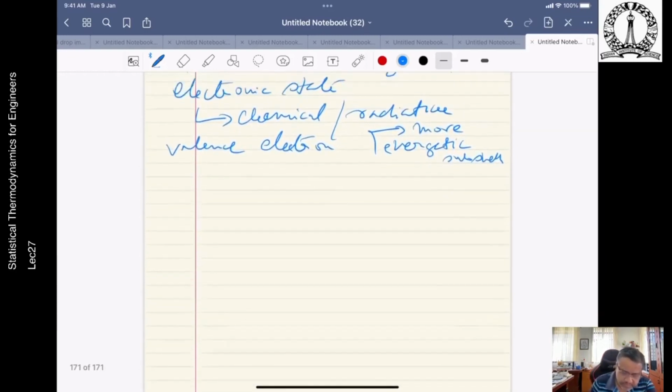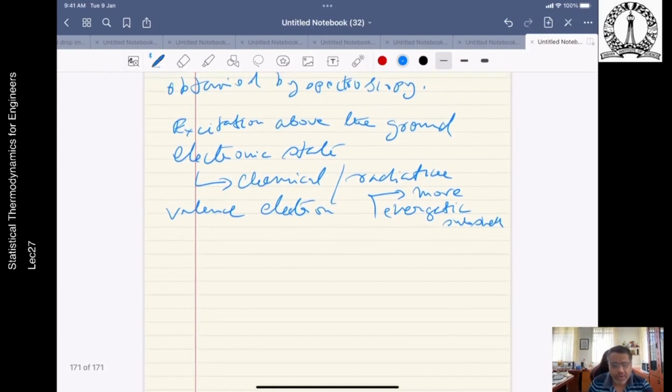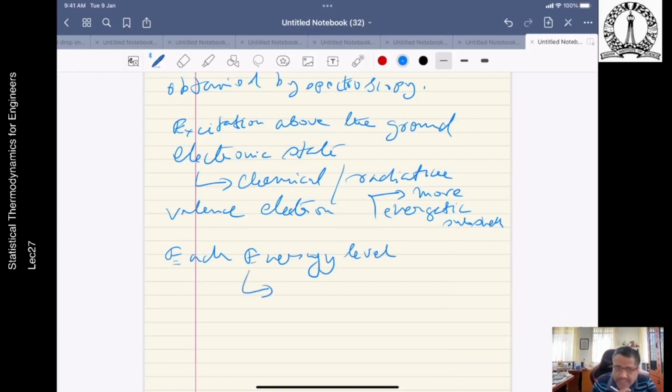Now we already know that each energy level is designated by the configuration part, which is designated by N, L, etc. This is the atomic configuration. That's why we know 2s2, 2p6 and so on.